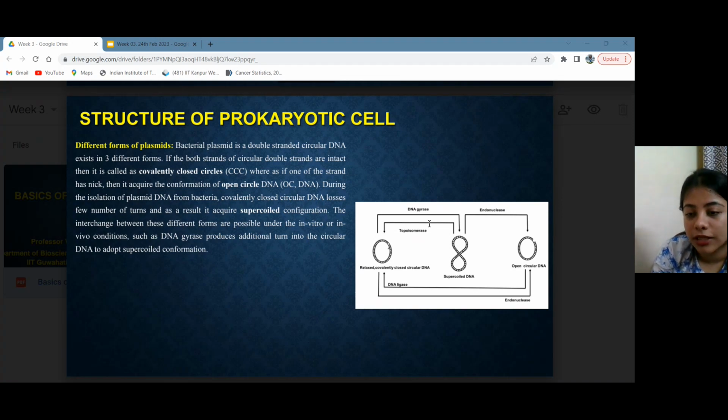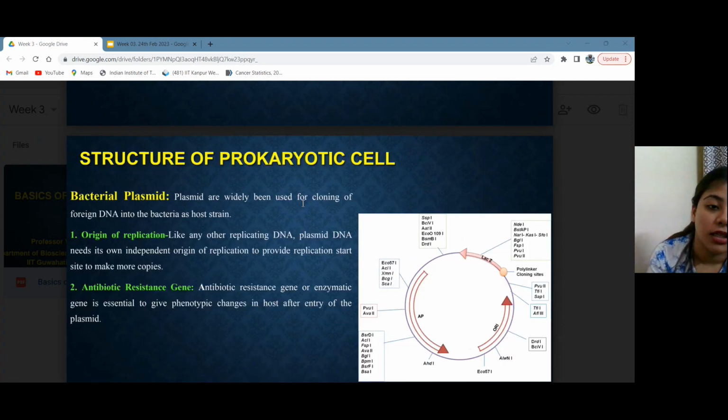This can also be nicked by endonuclease, and the supercoiled one can be resolved by topoisomerase. So the interconversion from one form of the plasmid to another can be carried out by these enzymes. We have talked about how their conformational differences also affect their electrophoretic mobility, or their ability to migrate through an agarose gel.